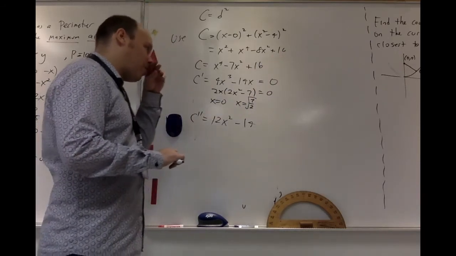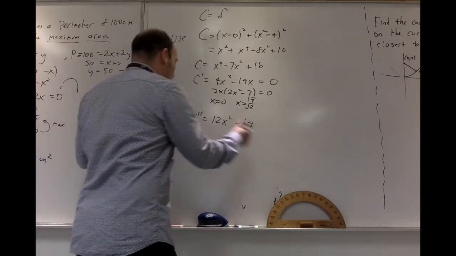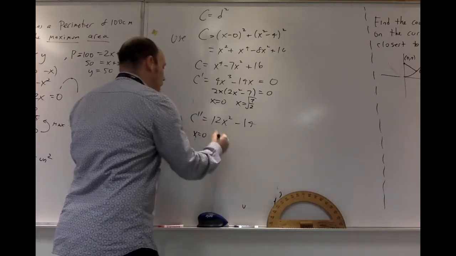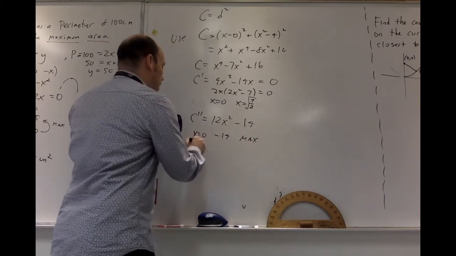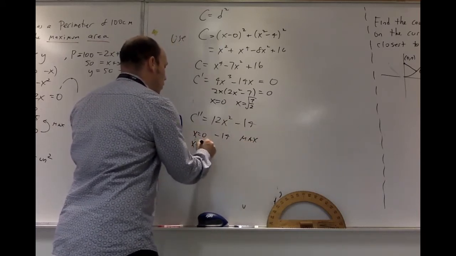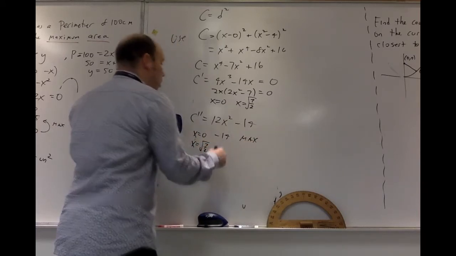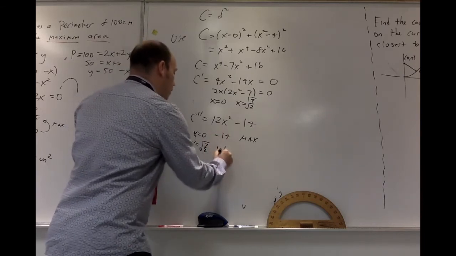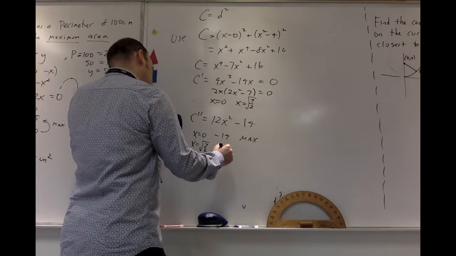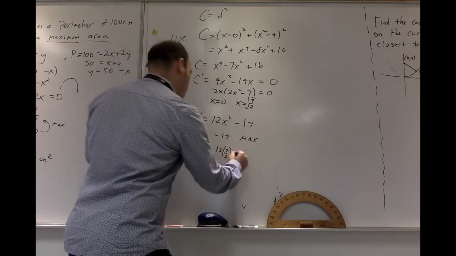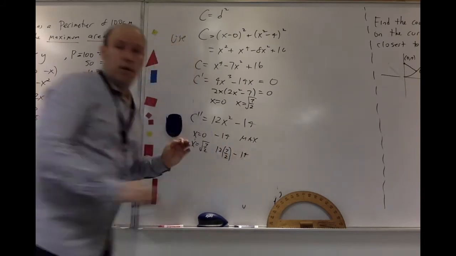No, I don't want to deal with all those radicals. So what's going on here? If x equals 0, I have negative 14. This is a max. If x equals the square root of 7 over 2, what do I have here? So it's 12 times 7 over 2 minus 14. What's going on?